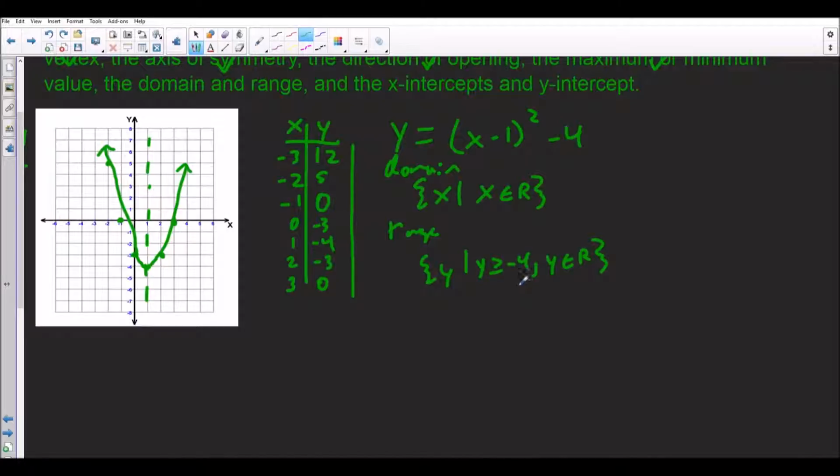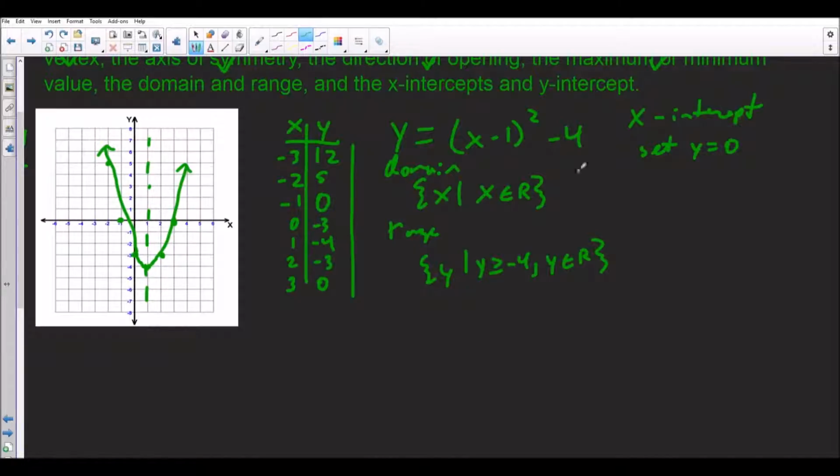Now, the x-intercept and the y-intercept are a little bit more tricky. So up here, let's do the x-intercept. To find that, we need to set y equal to 0. This makes sense because when we look at our graph, any place that the line crosses the x-axis, our y value is going to equal 0.